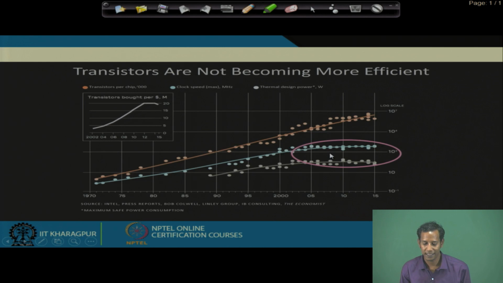The performance of transistors is not increasing day by day; it is somehow saturating. So, artificial intelligence with only the help of transistors will not suffice.